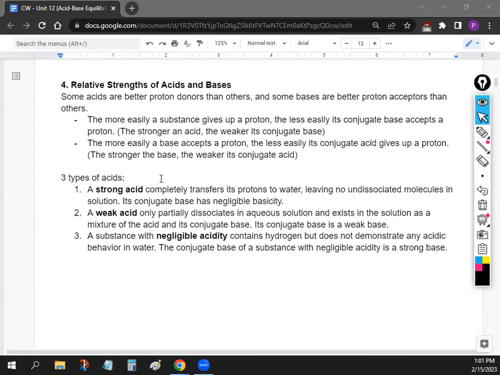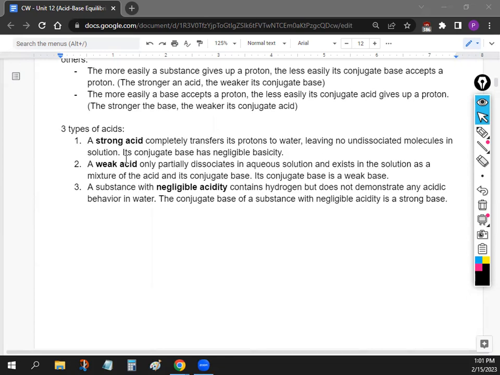Now, there are types of acids. Actually, you guys do need to know this. The first is a strong acid. Strong acids completely transfer their protons to water. We've talked about this before. So let me do the strong acids in pink. When we write an equation, let's say H, because obviously it's going to be giving up the H plus, and we'll do X as the other part of it.